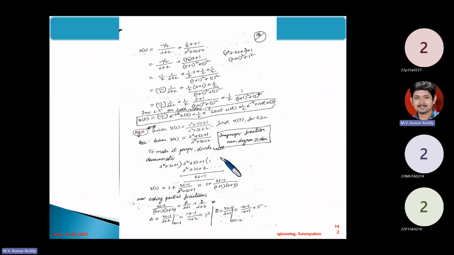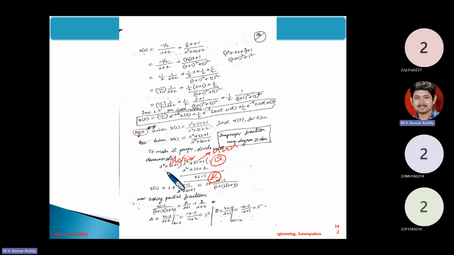Sorry, this is the remainder. This is the quotient. This is the divisor, and this is the dividend.